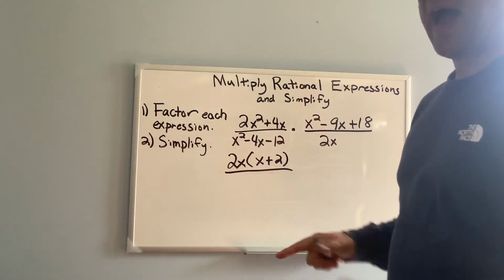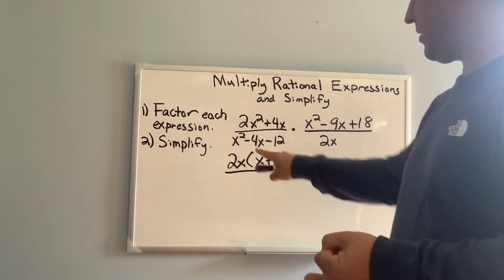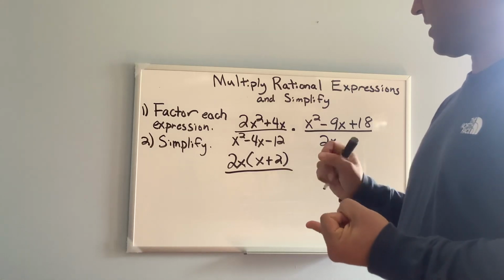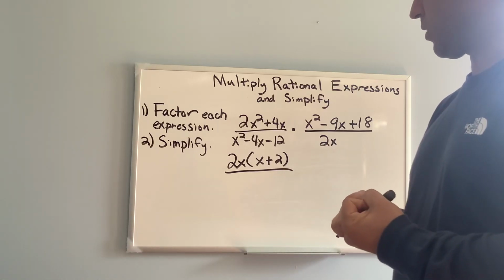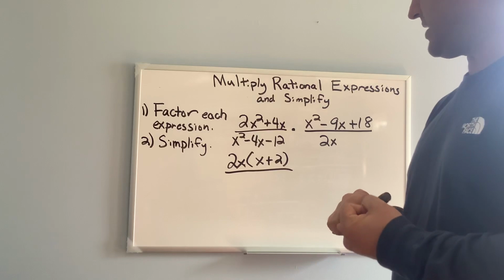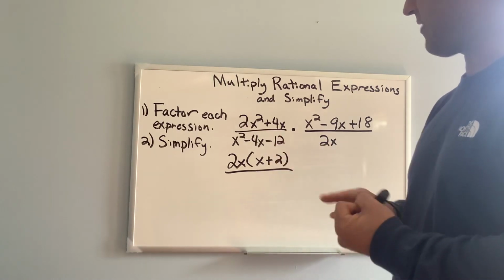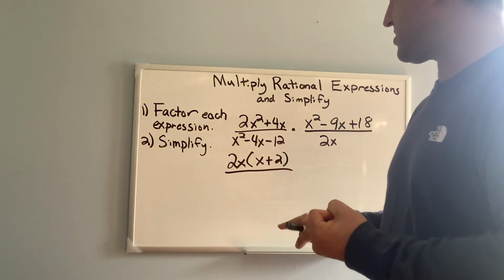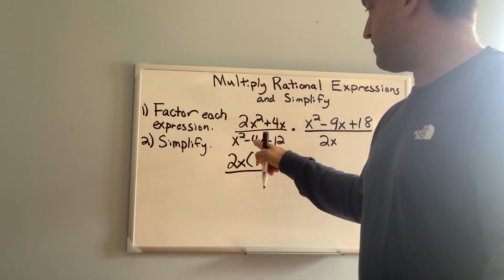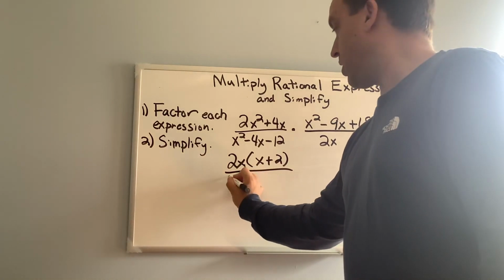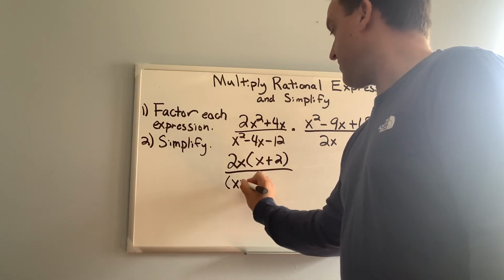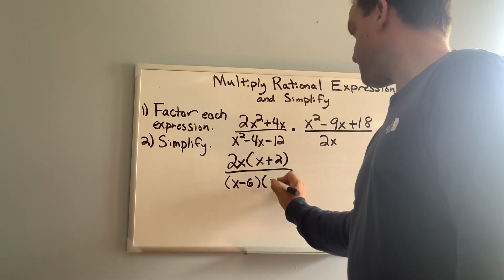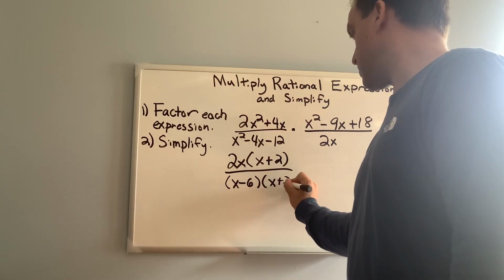So I'm looking for factors of negative 12 that add together to be negative 4. 1 and 12 aren't going to work. 2 and 6, well, the 6 would have to be negative to make it the bigger number here. So negative 6 plus 2 is negative 4. So in the denominator, we would have x minus 6 times x plus 2.